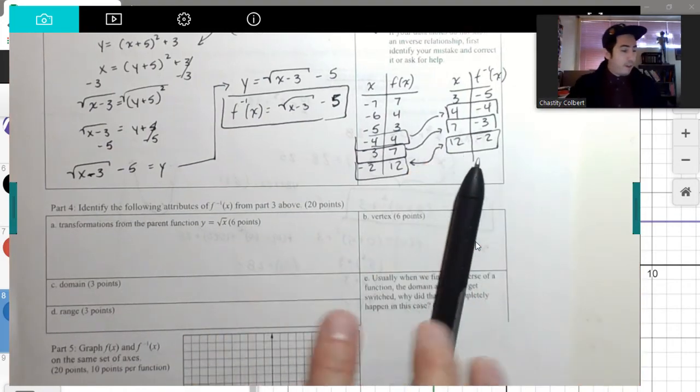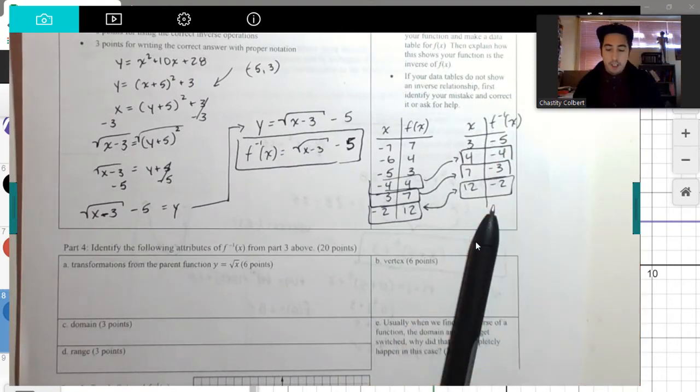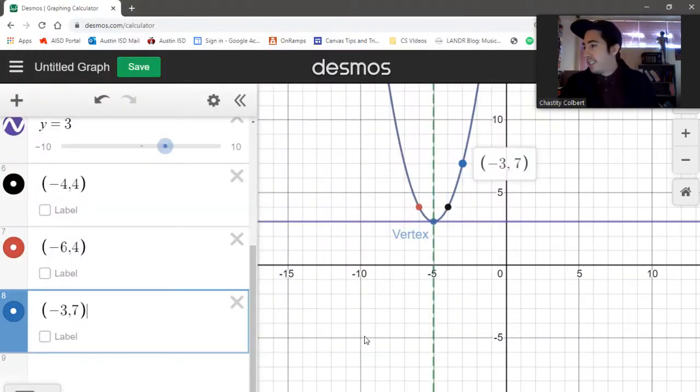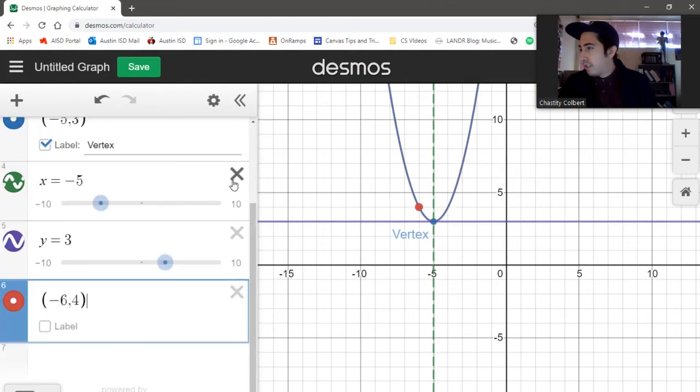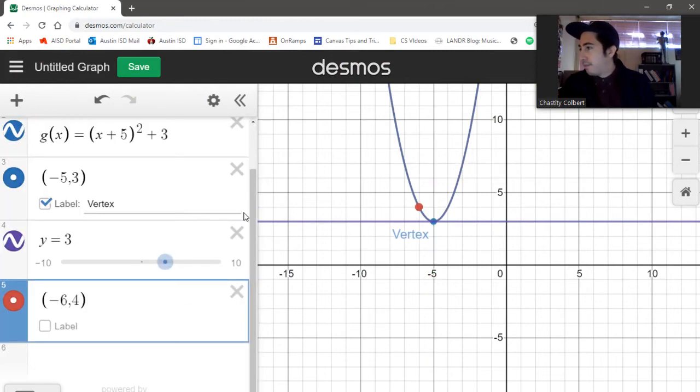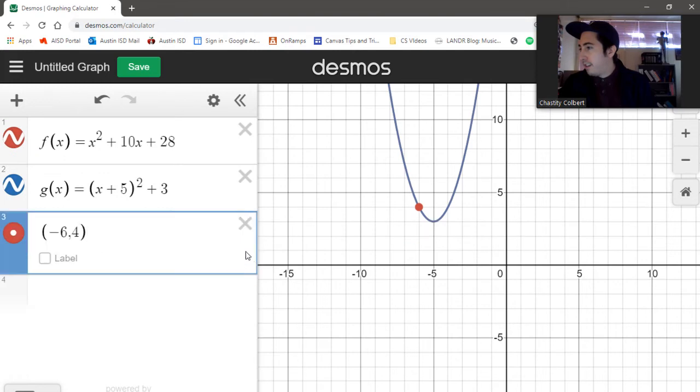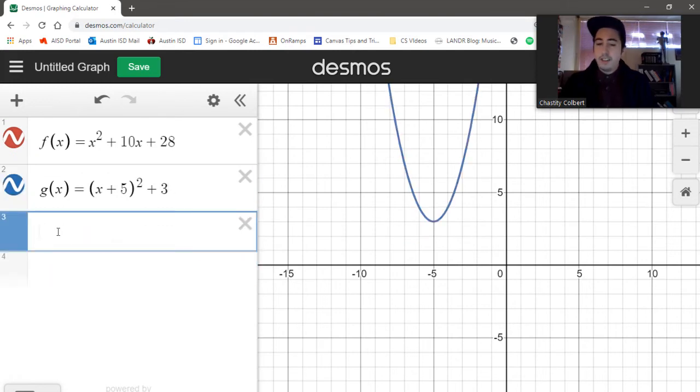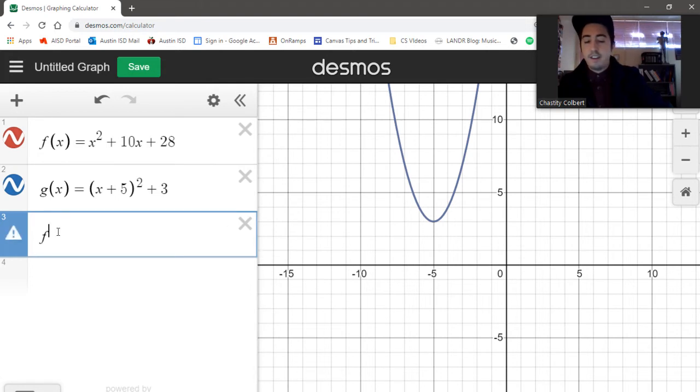The last way to prove it is with a graph. If you want to prove it with a graph, you can do that too. Here's our buddy Desmos again. I'm going to get rid of some stuff, clear it up a little bit, and I'm going to go ahead and put in. Can I do f to the -1? Does that give me the inverse?